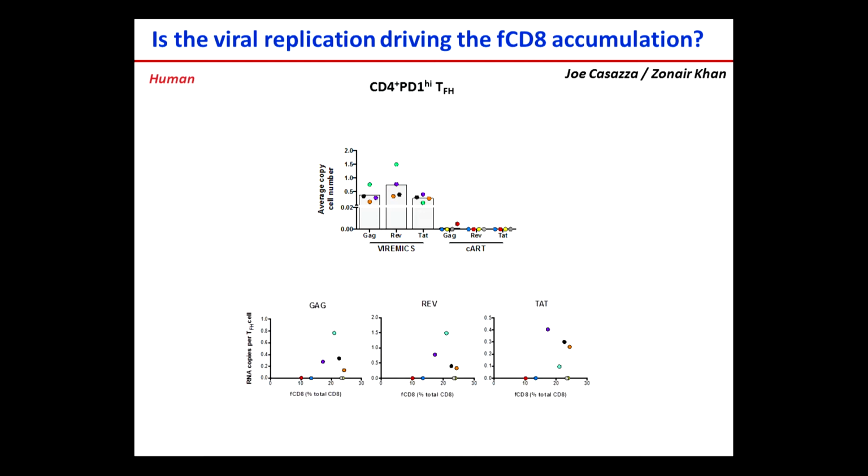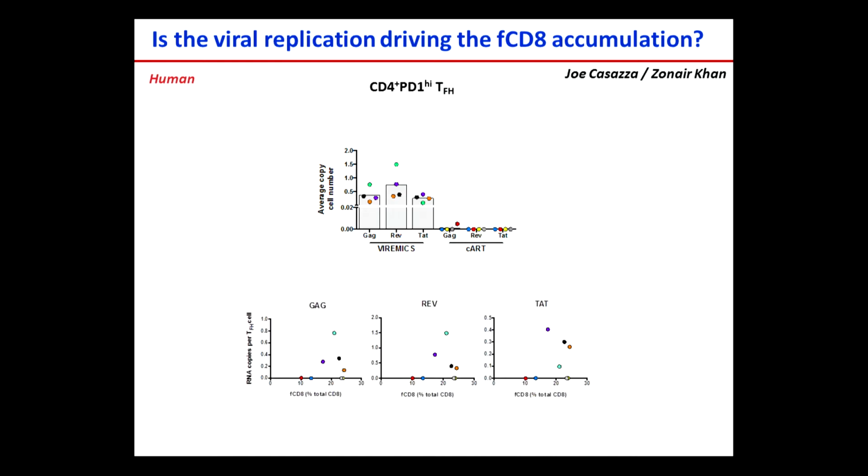These monkeys, or humans, had a range of virus and somewhat of a range of follicular CD8 T cells, and there's no correlation whatsoever. So it's not viral antigen that's driving this.